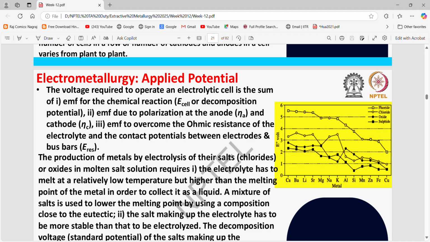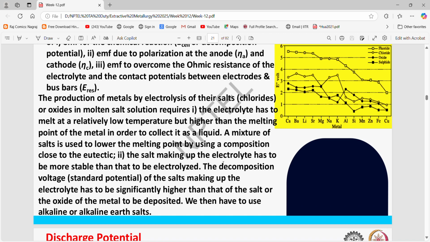The sum of these three is known as the applied potential, which is generally required for the production of metals by electrolysis from their salts. Generally, these salts are metal chlorides or oxides. A molten salt electrolyte has to melt at a relatively low temperature but higher than the melting point of the metal in order to collect it as a liquid.